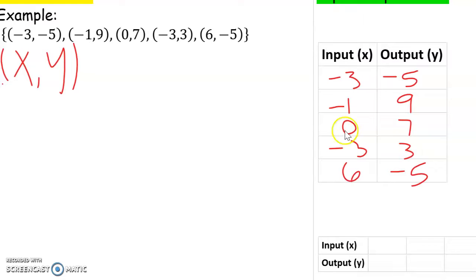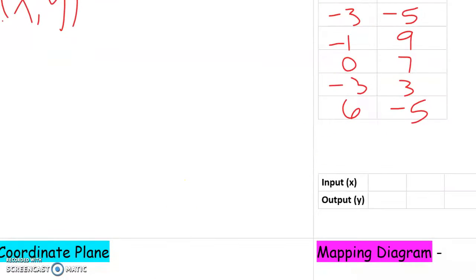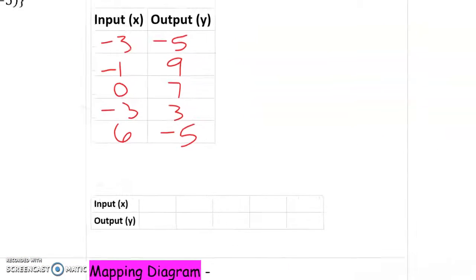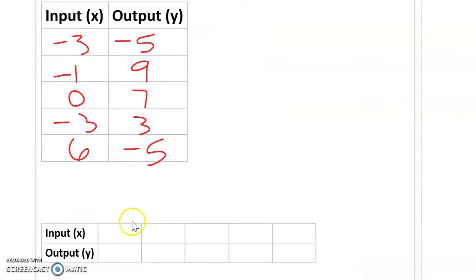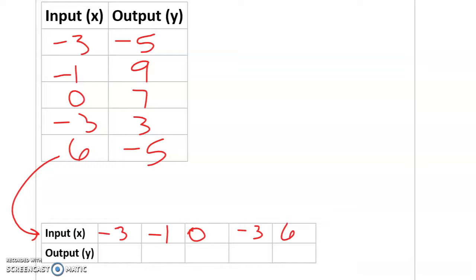Now that same table, you might also see written like this. Don't let that trip you up. All we're going to do is our x is going to go in this column, so we write -3, -1, 0, -3, 6, going sideways.